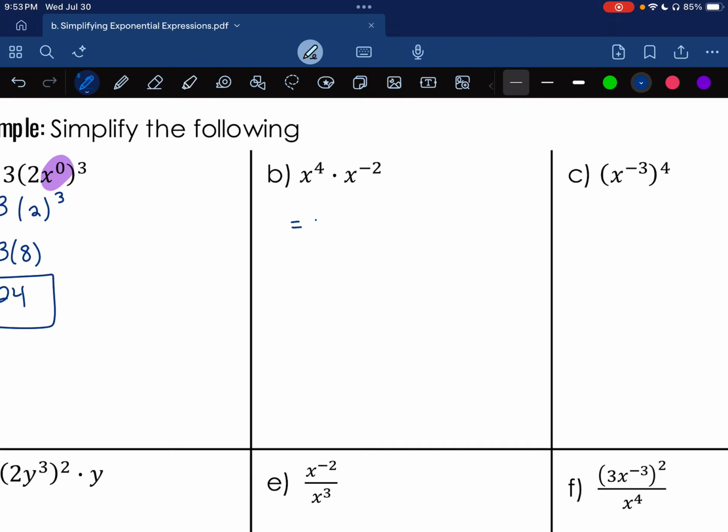Whatever floats your boat. I think that way is easier because it becomes 1 step rather than 2. But again, that's up to you. Both will, as long as everything's done correctly, get you to the same answer. So here we're going to have x to the 4, adding negative 2, which just becomes 4 minus 2. And when I carry that out, that's just x squared.